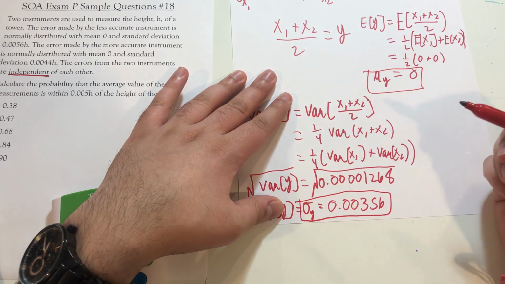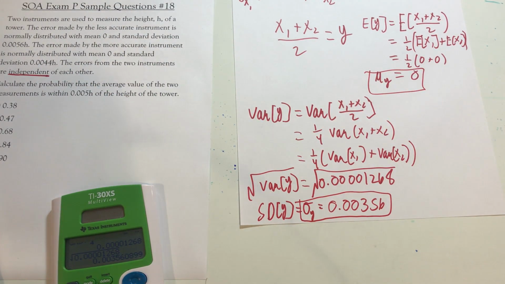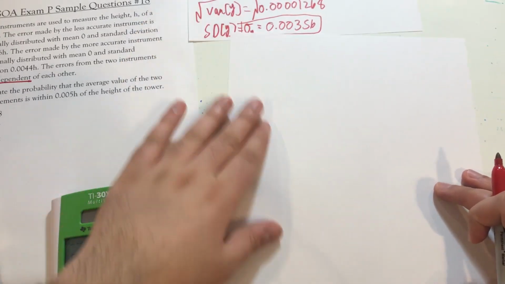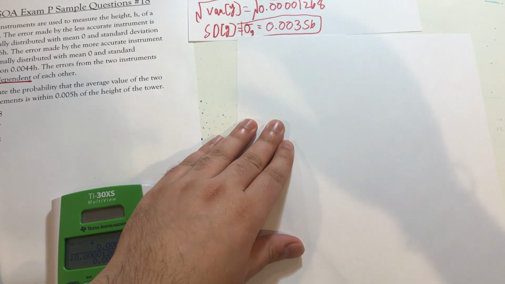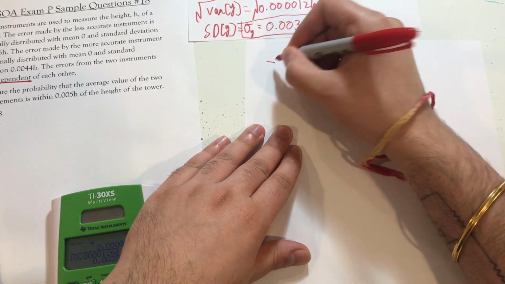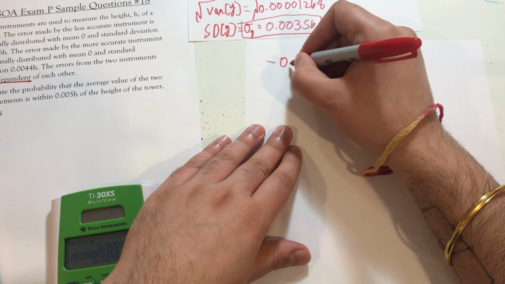Okay, now these are the two important pieces of information we needed to solve the problem. So at this point, it should be fairly easy. What is the question asking us? The question is ultimately asking us the probability that y falls into a certain range. And that range is 0.005h.